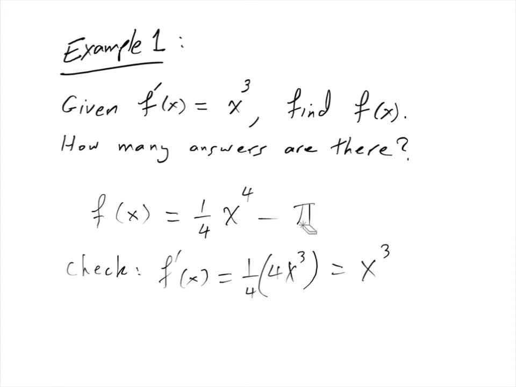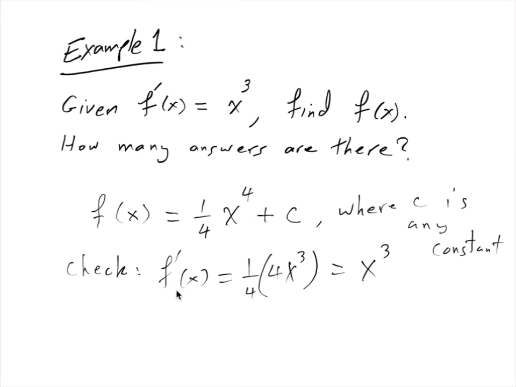So the most general answer you can give is to say f of x equals 1/4 x to the fourth plus c, where c is any constant, or where c is an arbitrary constant.